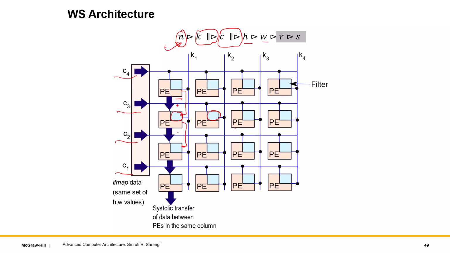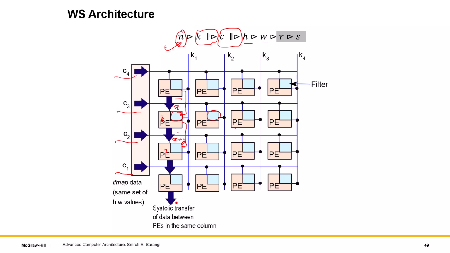Let's say if x is coming and this has computed y, then what will go here is x plus y. If this has computed z, what will go is x plus y plus z. So basically every PE will take what it is getting from the top, add it to its local convolved output and then send the sum downwards.